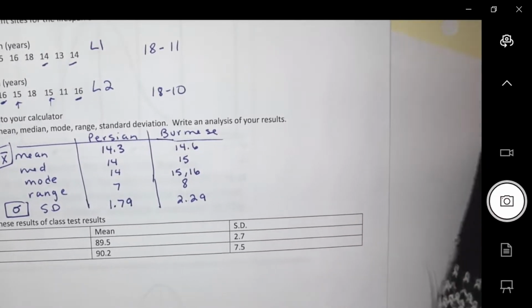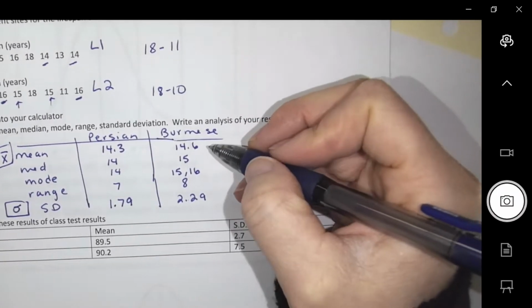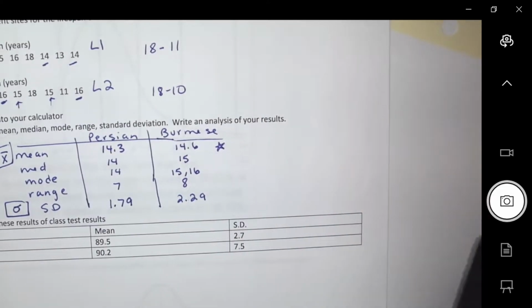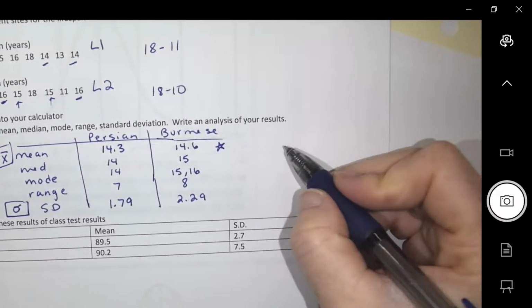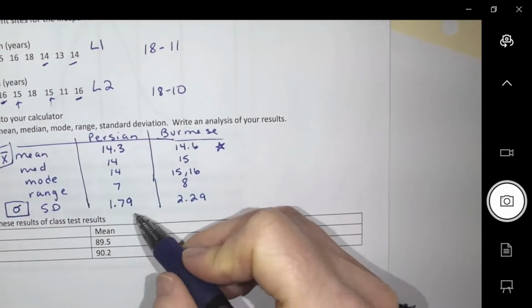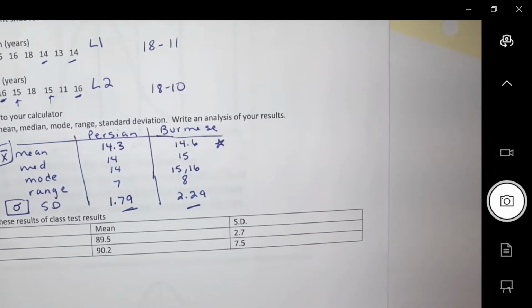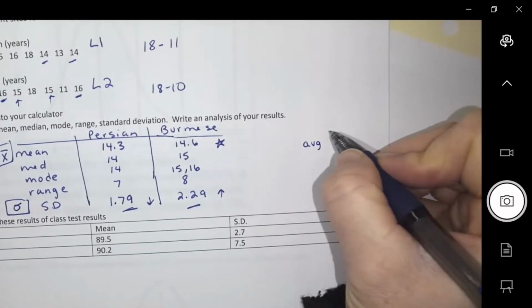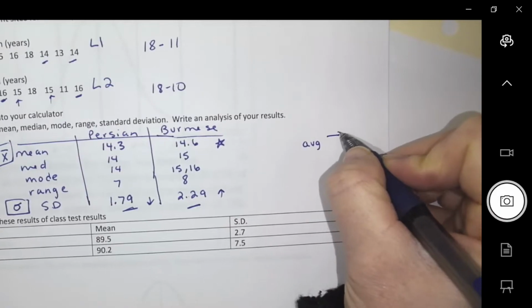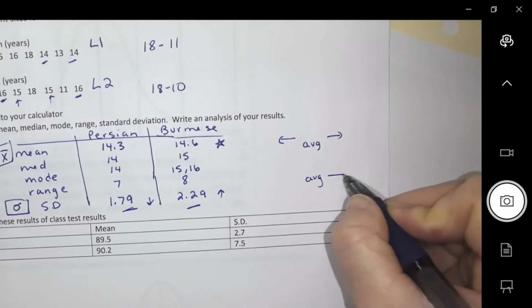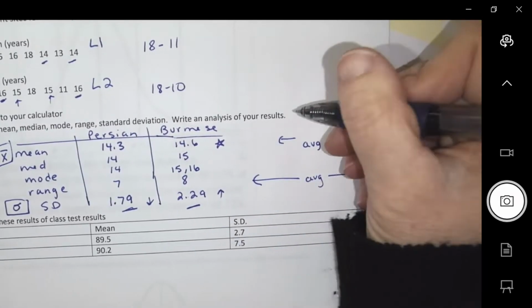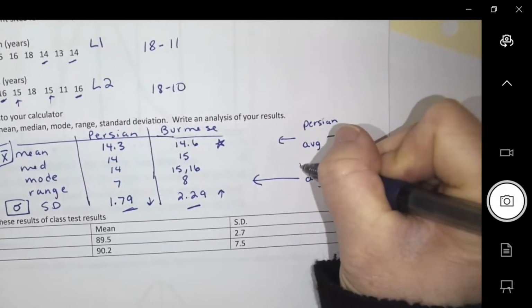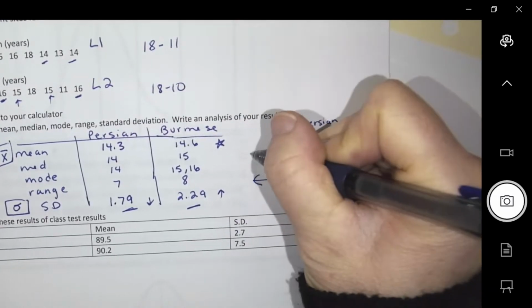Okay, so let's talk about this. These numbers are pretty similar, right? The average life expectancy is pretty similar. But when I compare the standard deviations, this one is bigger, right? So here's kind of the difference.